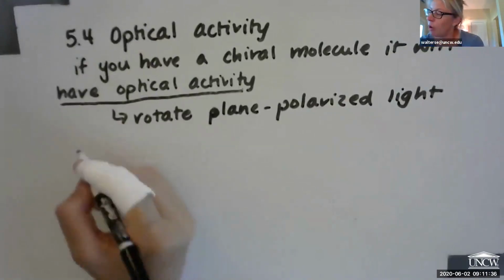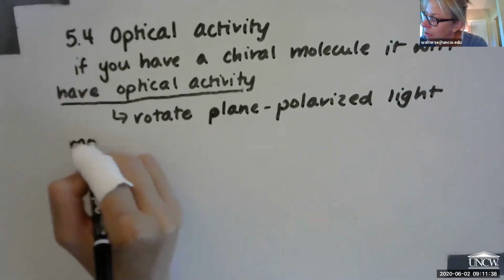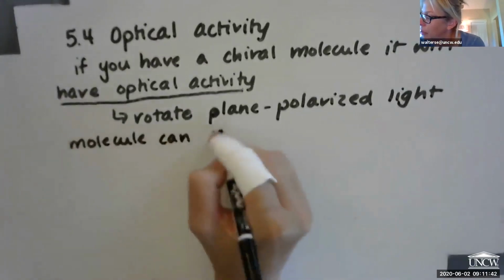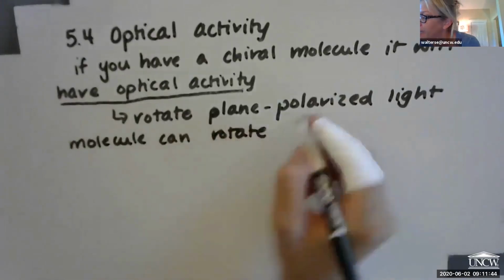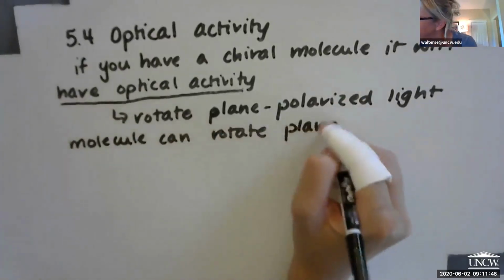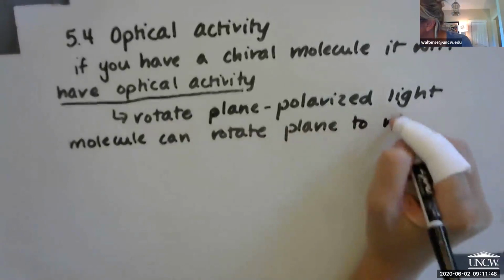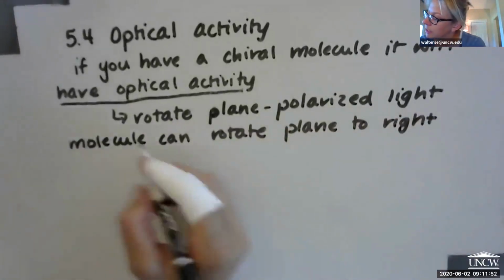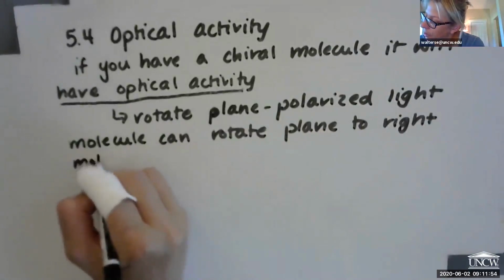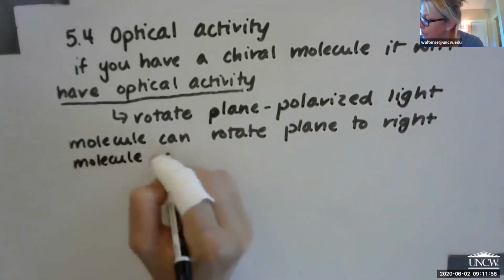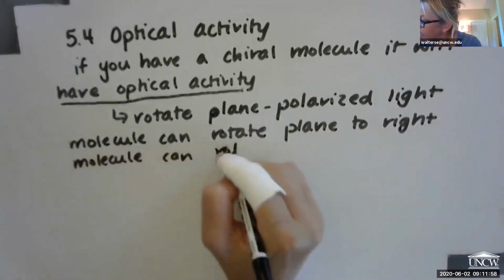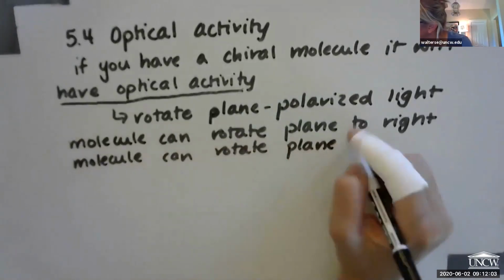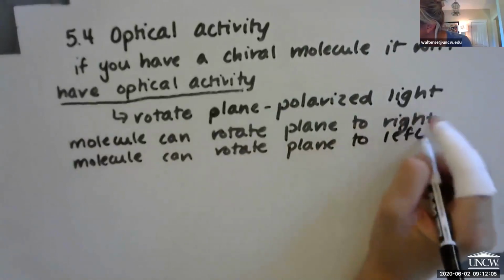So a molecule that's chiral can rotate light, or that plane, to the right. A molecule that's chiral can rotate light to the left.